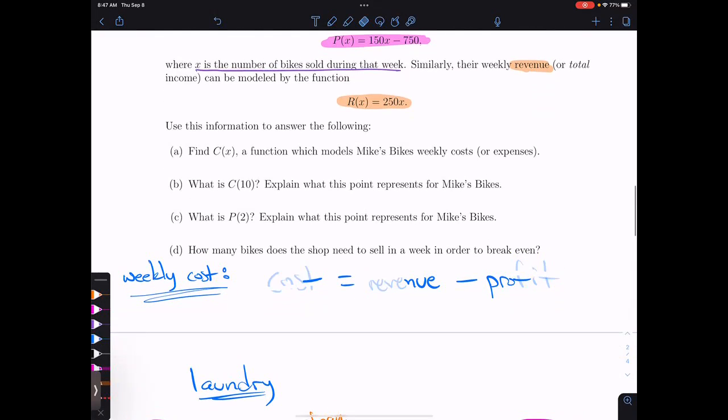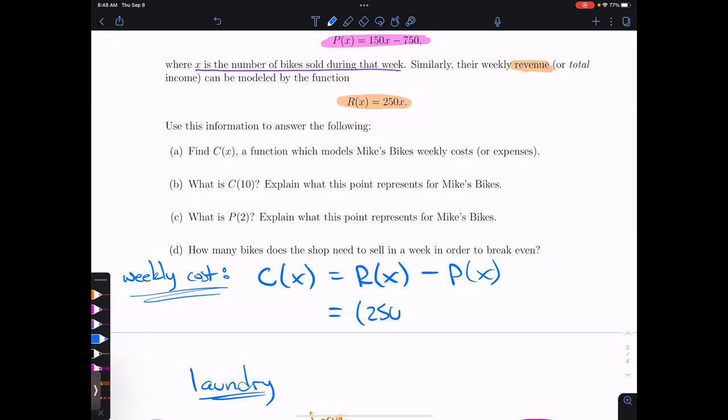So this function C of x that we're looking for is revenue minus profit, right? Because we actually know how to write revenue and we know how to write the profit.